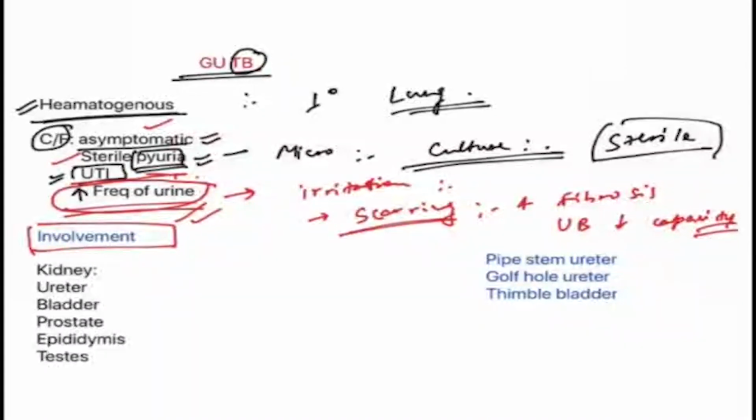Now, genitourinary tuberculosis can affect almost all urinary tract organs, that is kidneys, ureter, bladder, prostate, epididymis and testis. So, when the kidneys are infected, pathogenesis starts with glomeruli. First glomeruli are involved and then there are granulomas in the renal cortex.